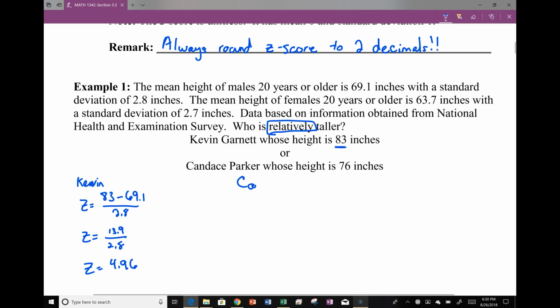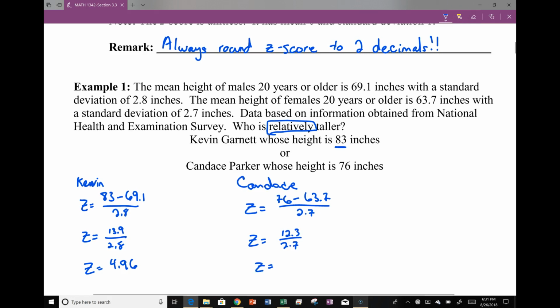Now we're going to look at Candace. Candace has a height of 76 inches, minus the mean for females of 63.7, divided by 2.7. So 76 minus 63.7 is going to give me 12.3 when I do that subtraction, divided by 2.7.